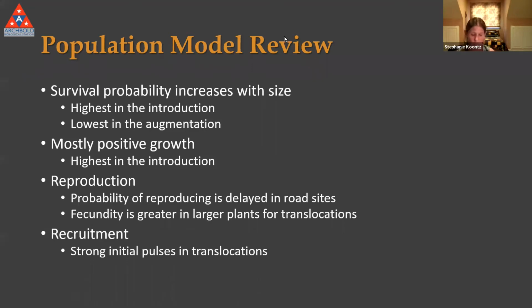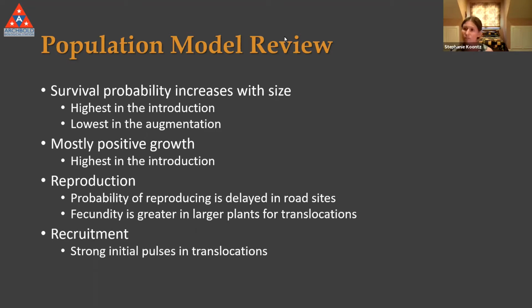And again, the plants tended to be larger in the introduction. Reproduction probability was delayed in road sites, and fecundity was highest in our translocations, only for larger plants. Both translocations also had strong initial recruitment pulses, so we're seeing similar, if not stronger, population dynamics in these translocations compared to our wild sites.